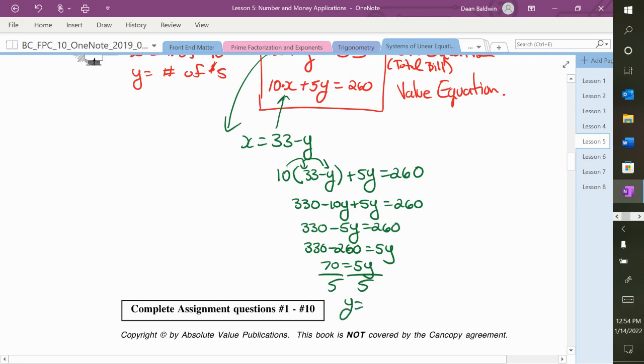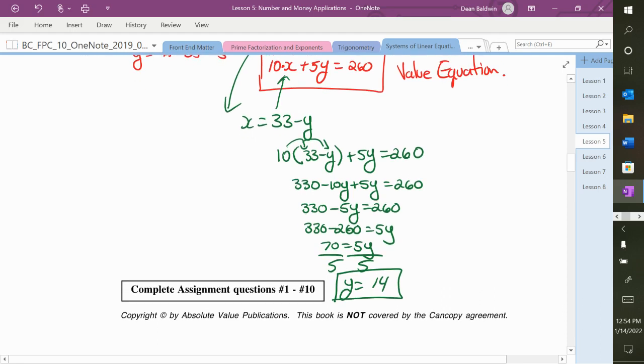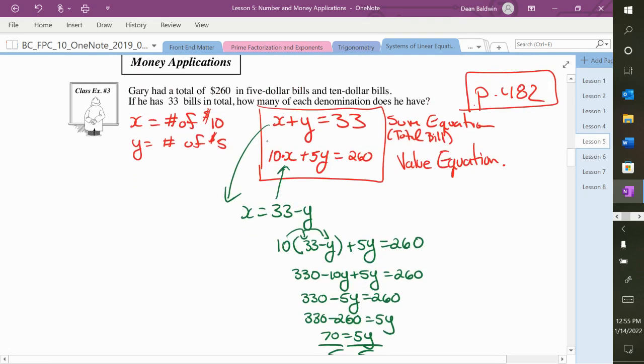So y is equal to 14. Does that make sense? So that means I have 14 $5 bills. So how many $10 bills do I have? 19. How'd you get that? I did it in my head. What did you do in your head? The whole equation. What process did you do in your head? I have no idea. You put it in there, and you subtracted it from 33.